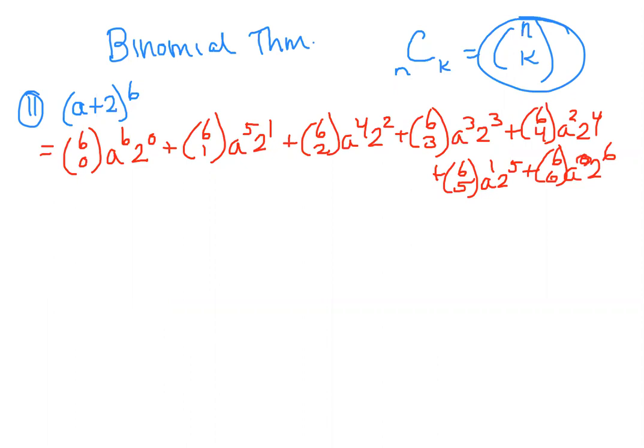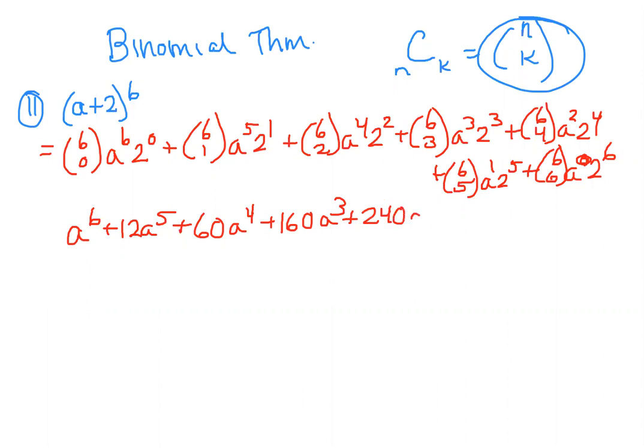Then you're going to just do these in your calculator and find out what these numbers are. And here you would get 12a to the 6th plus 12a to the 5th plus 60a to the 4th plus 160a cubed plus 240a squared plus 192a plus 64. And that would be your answer.